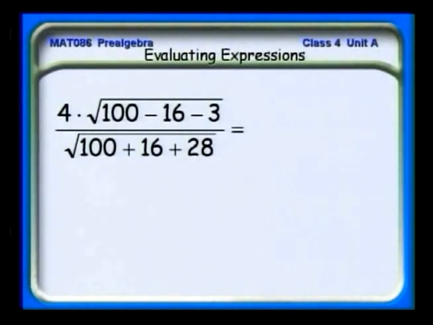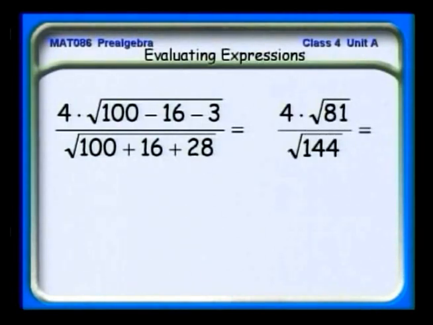Now, before I can do anything under that square root, I need to combine that expression so that I have one number, because the square root of each individual number added or subtracted is not the same as the square root of the sum or difference represented there. So I need to do the math.